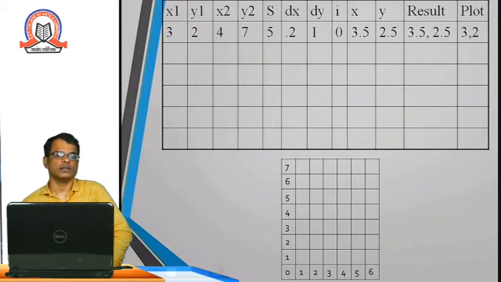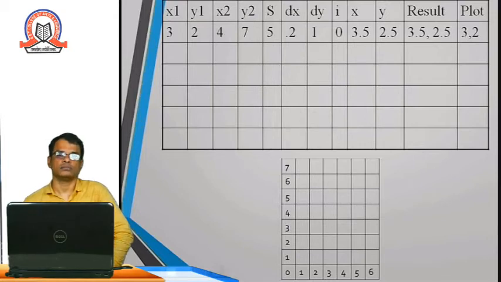The difference x2 minus x1 is 4 minus 3, that is 1, divided by the number of steps, that is 5. So 1 divided by 5 is 0.2.